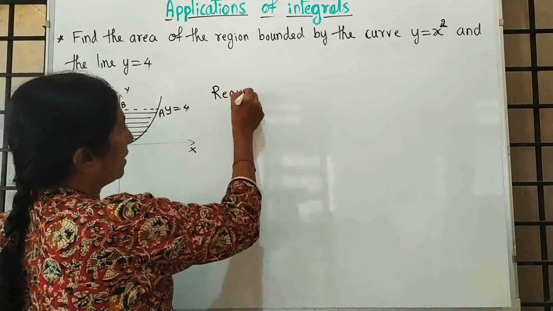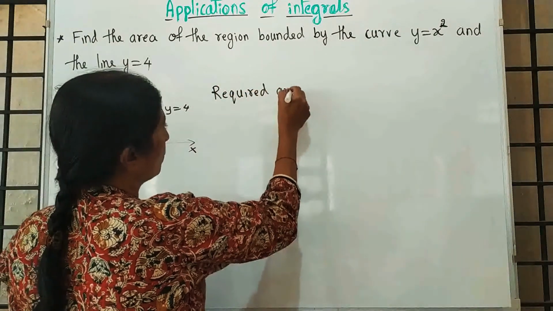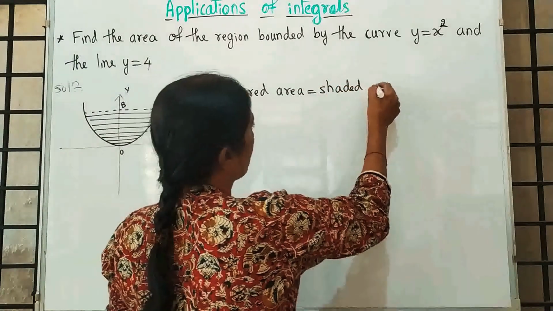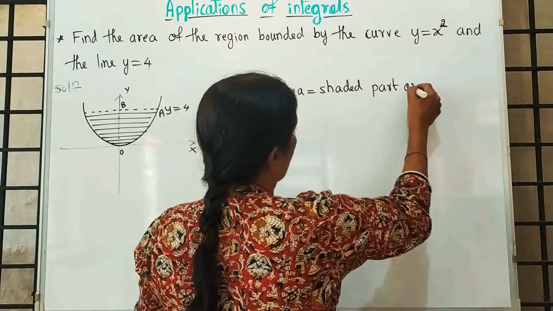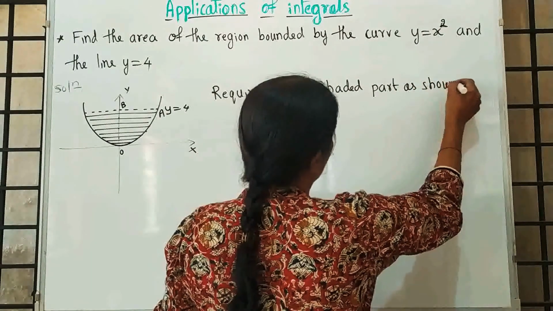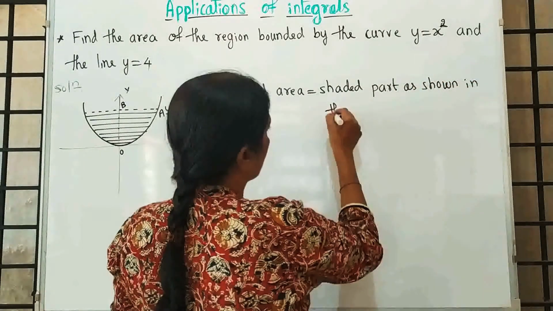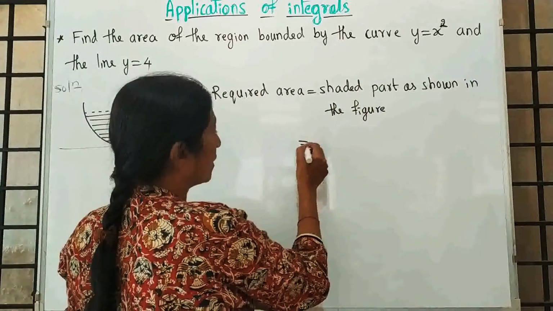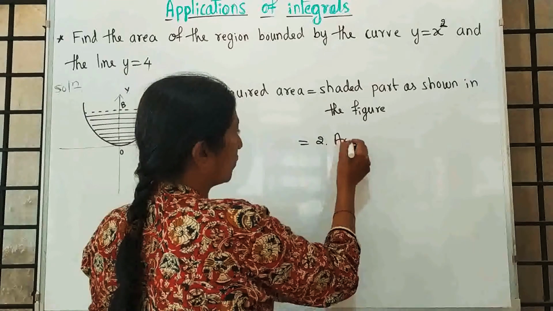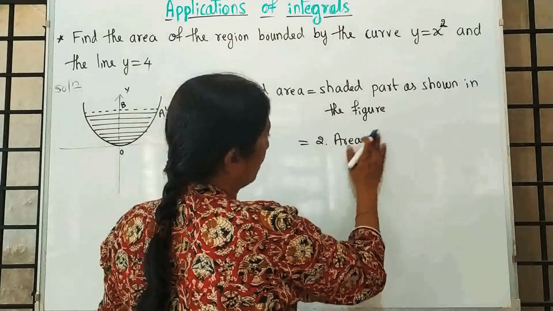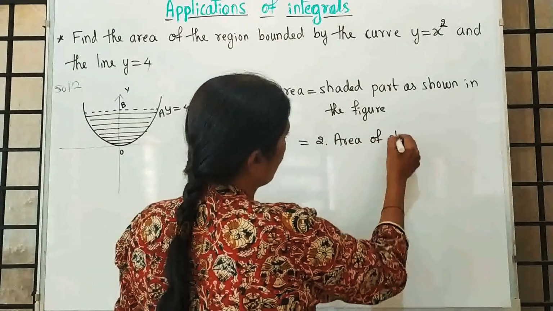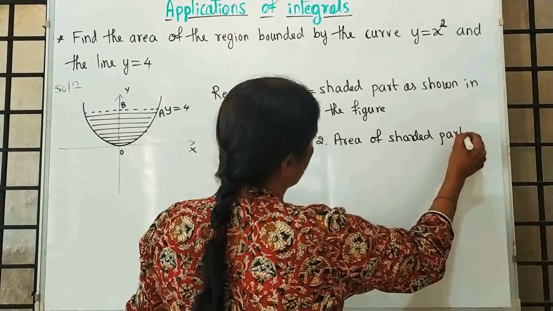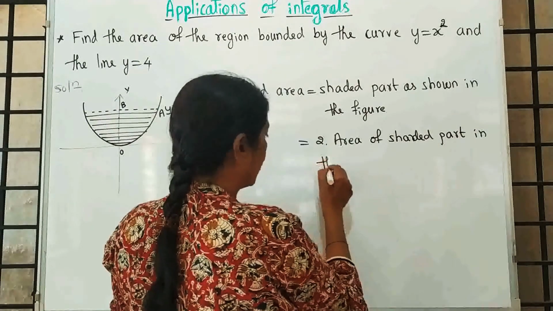See, required area is equal to the shaded part as shown in the figure. That is equal to 2 into the area of the shaded part in the first quadrant.